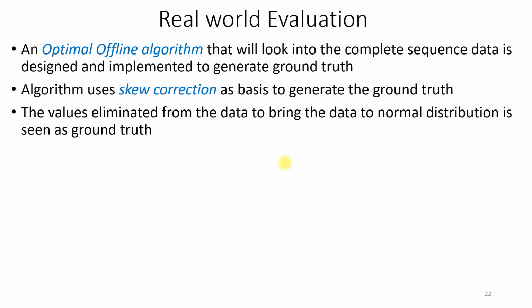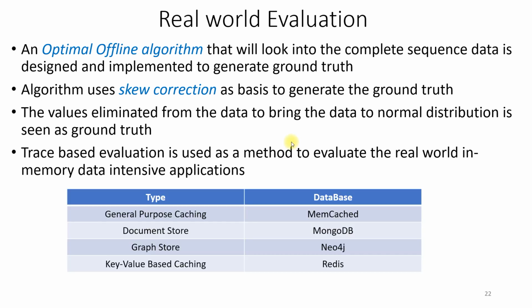Values that are eliminated from the data to bring the data to normal distribution are seen as ground truth, against which the online algorithm's generated results are compared. Trace-based evaluation method is used to evaluate real-world in-memory data-intensive applications. 4 different databases from 4 different types have been used to get this evaluation working.